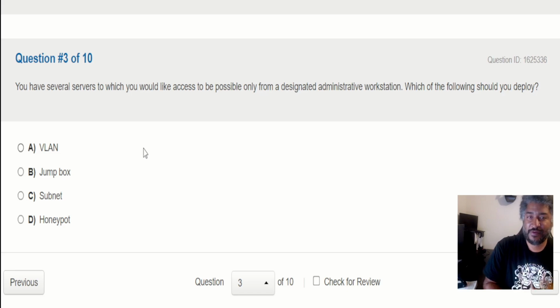Okay, a VLAN, this is more of a router thing. If I want to separate my network traffic virtually, that's what a VLAN is. So that's definitely not the answer, so we can go ahead and mark that completely off. Subnetting is similar to VLAN, but it's being able to segment out your network using subnets.